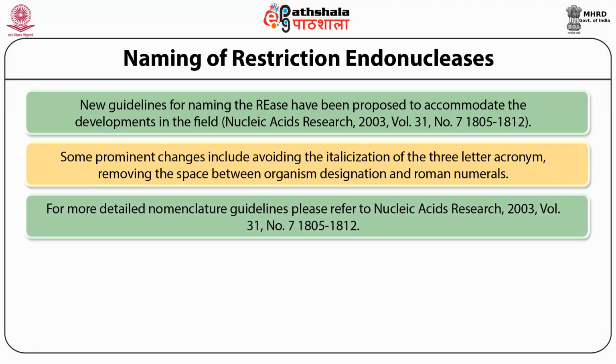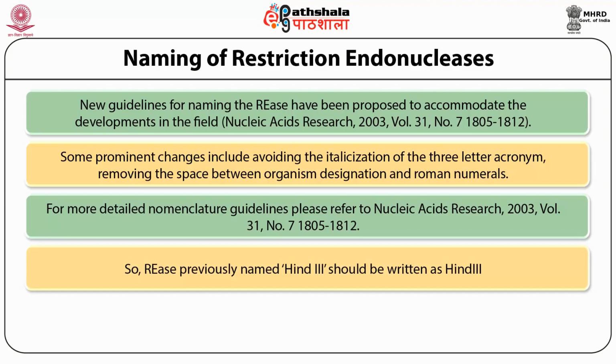For more detailed nomenclature guidelines, please refer to the Nucleic Acids Research paper that was published in 2003, volume 31, page number 1805 to 1812. So, REases which were previously named Hind space Roman numeral III should be written as HindIII without space and no italicization of the first three letters.